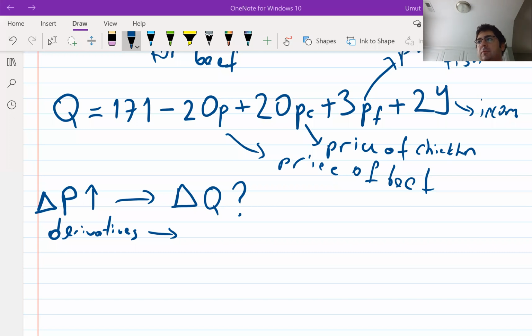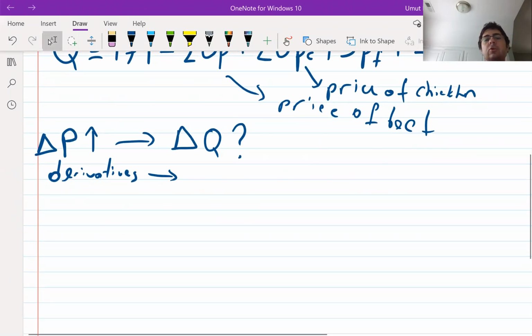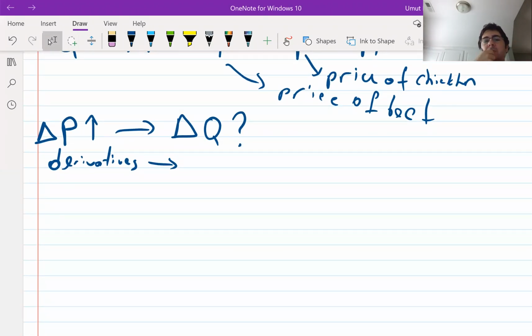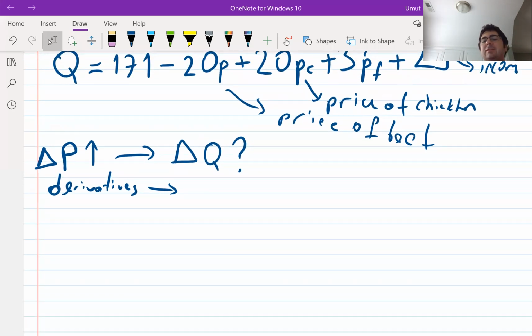We will be using derivatives in this class. If you don't remember it, please contact me and I will try to give you some resources for that. But here it will be very easy. This is a very easy function.